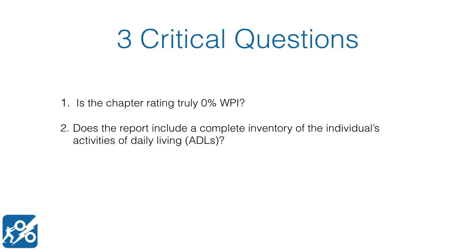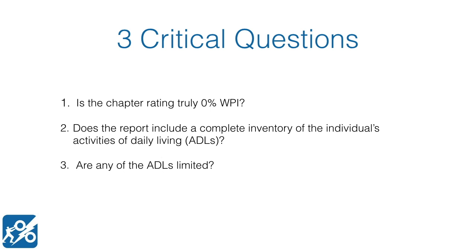Number 2, does the report for the body part being considered have a full inventory of all 34 activities of daily living? And finally, number 3, are any of those 34 activities of daily living limited? These are the 3 simple questions to determine if a 0% whole person impairment is actually present.